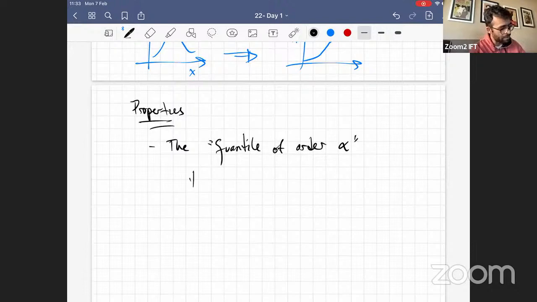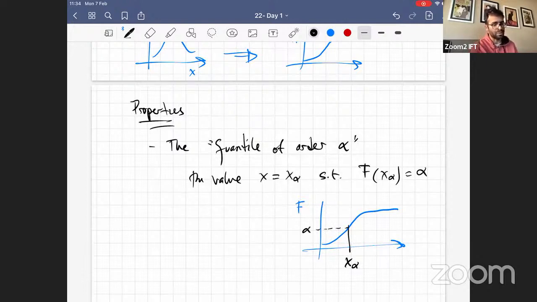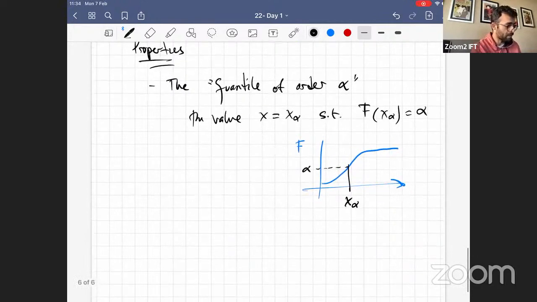This is just the value x equal to x alpha, such that the cumulative at this value is equal to alpha, right? So in the above plot, if I plot again f, here it would be the value such that the cumulative is alpha, right? So this is the quantile.